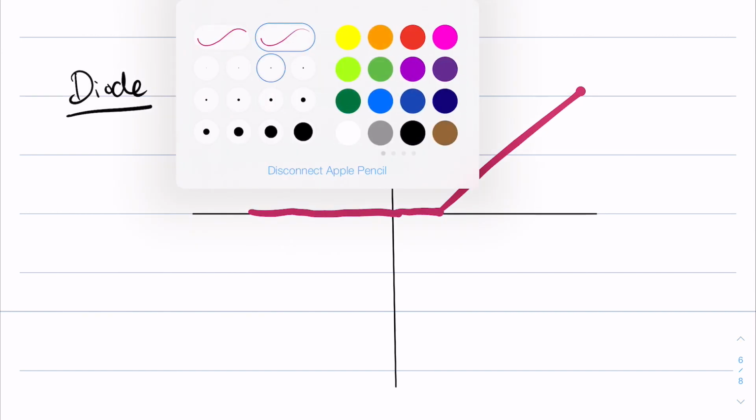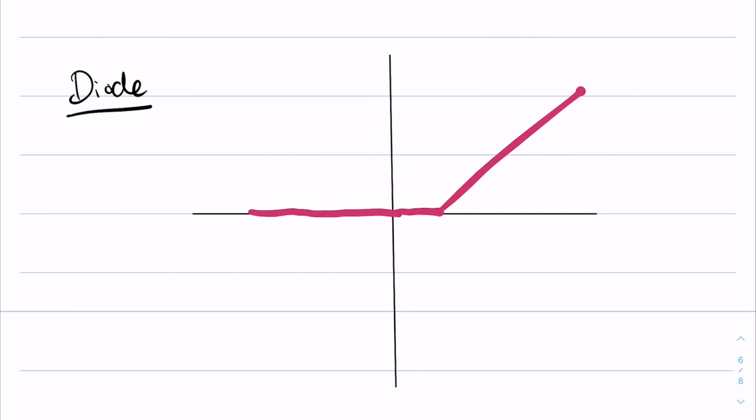And why does it look like this? Well, it has a characteristic activation voltage.